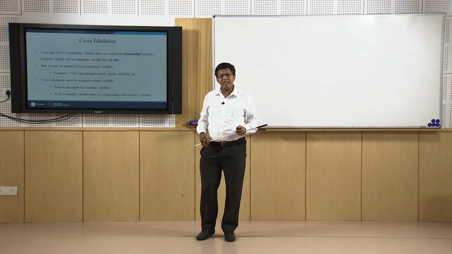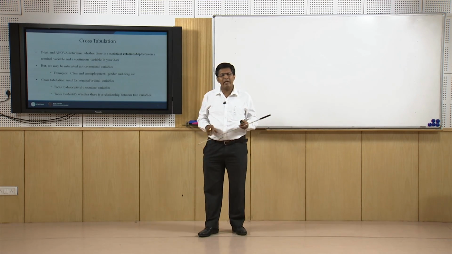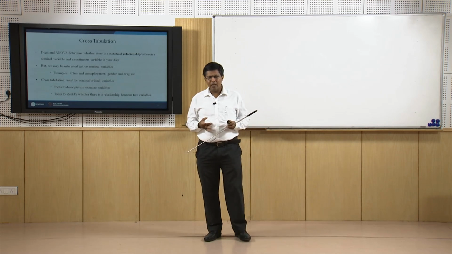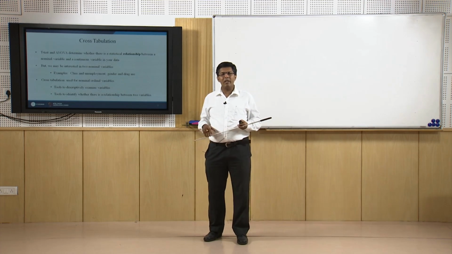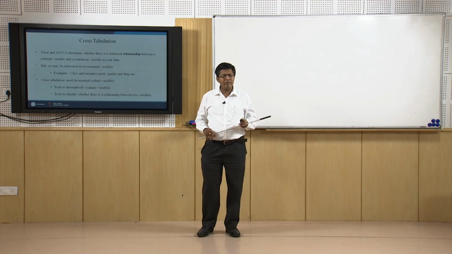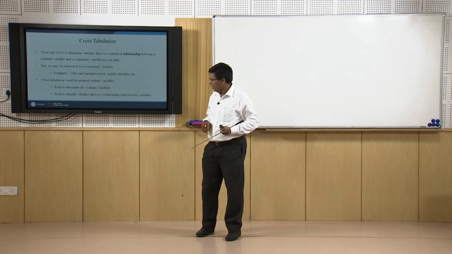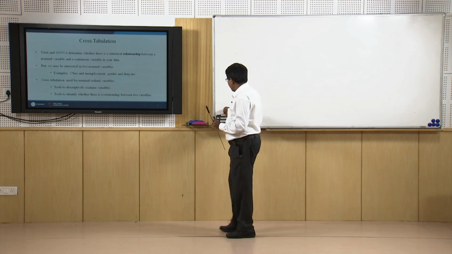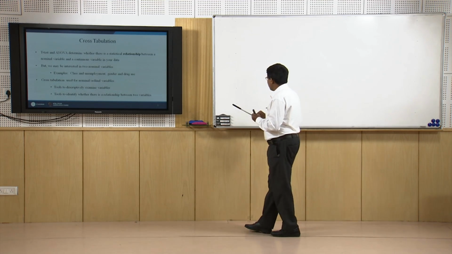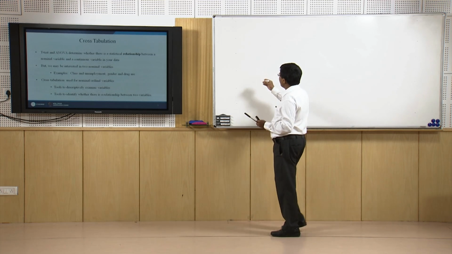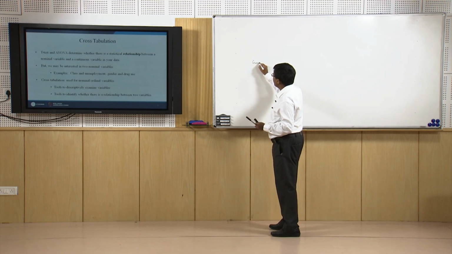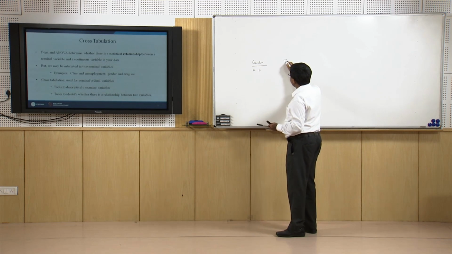So, there are studies where the data might not be continuous in nature. Let us say you want to find out a relationship between gender, which is categorical, only male and female, and the kind of TV program.